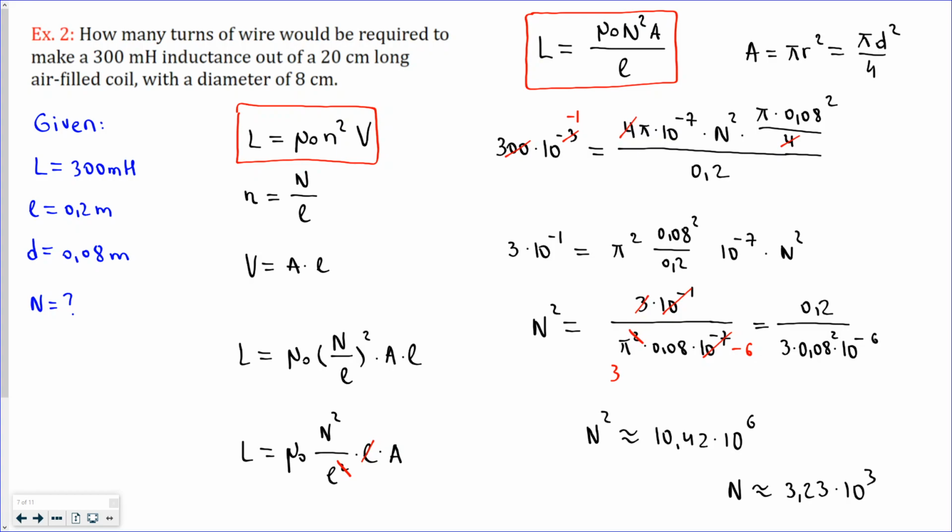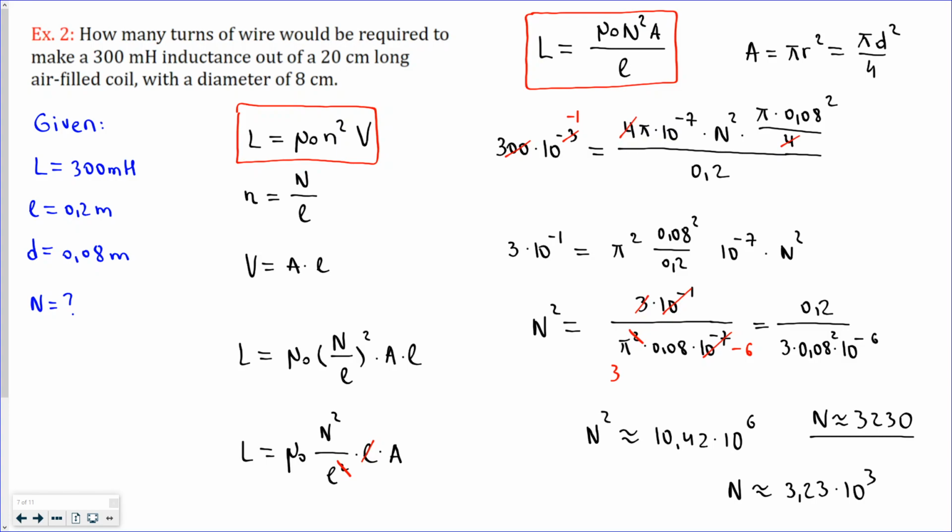So it is n, 3230. Approximately we need 3200 turns to have 300 millihenries.